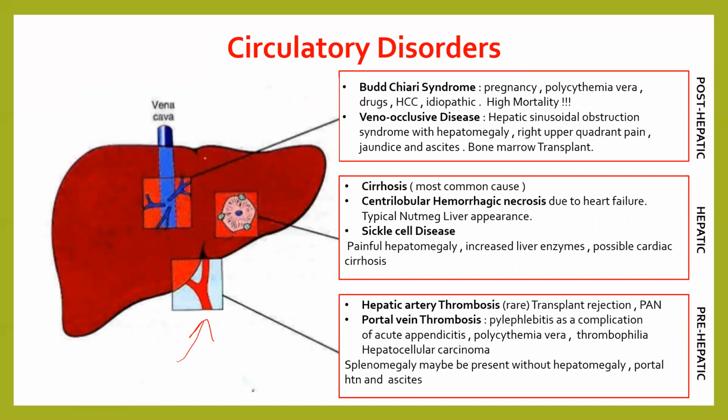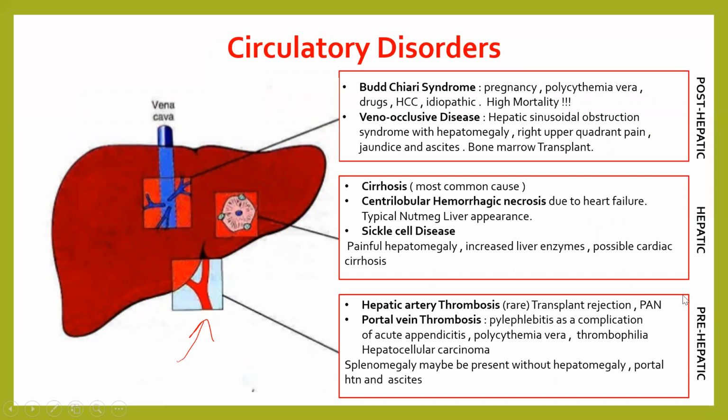And then drains into the vena cava. So we're going to start with the pre-hepatic circulatory problems, which are mainly hepatic artery thrombosis and portal vein thrombosis. Hepatic artery thrombosis is quite rare. You can see it in maybe transplant rejections and a type of vasculitis called polyarteritis nodosa.